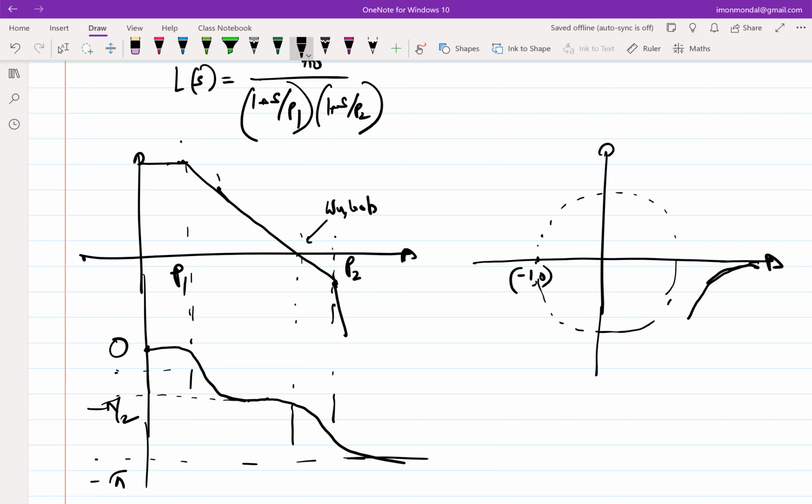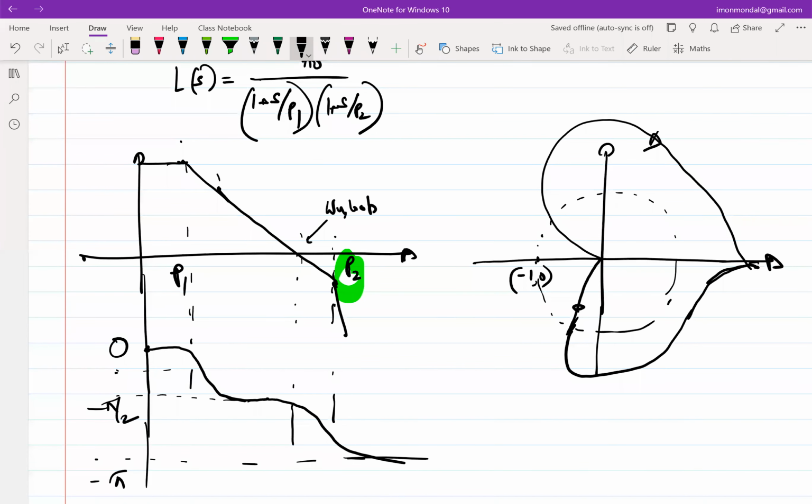At what angle will I be cutting this? Clearly it's on the other side of minus pi by 2, so I'll be cutting it somewhere here. How far you will go depends on where this P2 is. So let's assume that you are cutting it here, which means you go something like this, and so on. If you draw the other half, it becomes something like this. The way I have drawn it, you are away from that minus 1, 0 point, so you are safe.